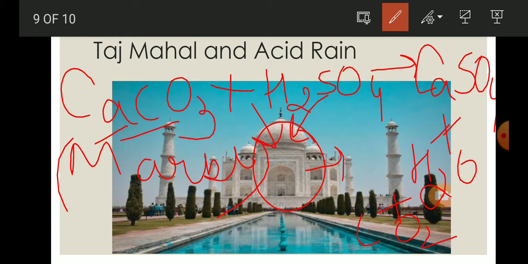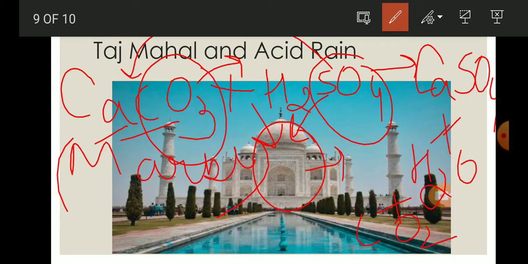Okay, so here you can see that this carbonate is released from this calcium. Okay, and now this sulfur will come with it and form calcium sulfate. Okay, and this is what causes the damage to this wonderful monument.